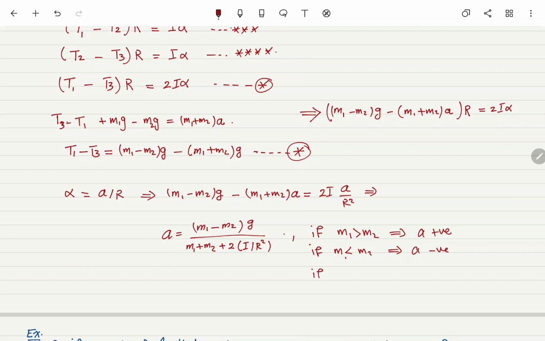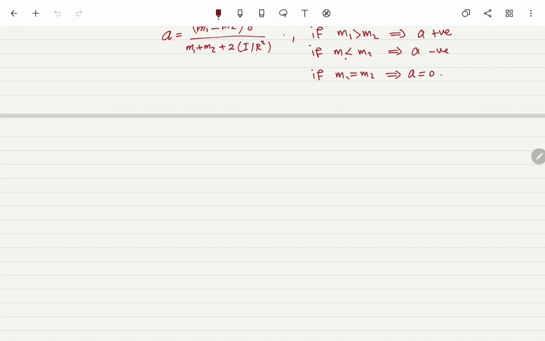And if M1 equal to M2, it means acceleration equal to 0. Now to find the tension T1 and T3, you just substitute the acceleration back in the above equations.